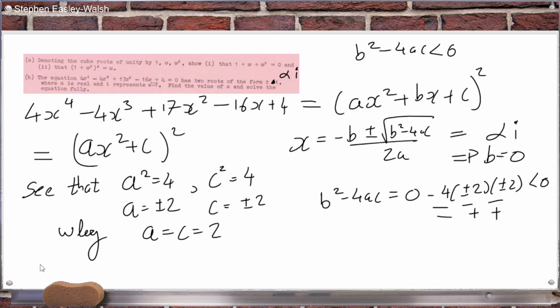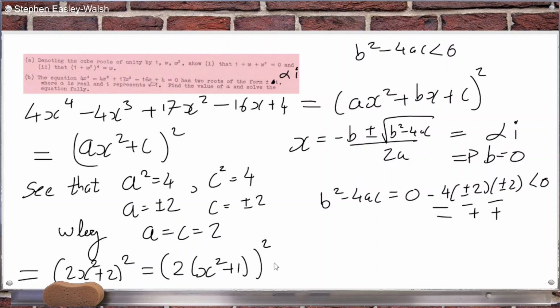So, in other words, this equation here should equal (2x squared plus 2) squared. So let's see what happens. Let's just test that out. That's 2, I can take that out, (x squared plus 1) squared. So that's 4, which is good.